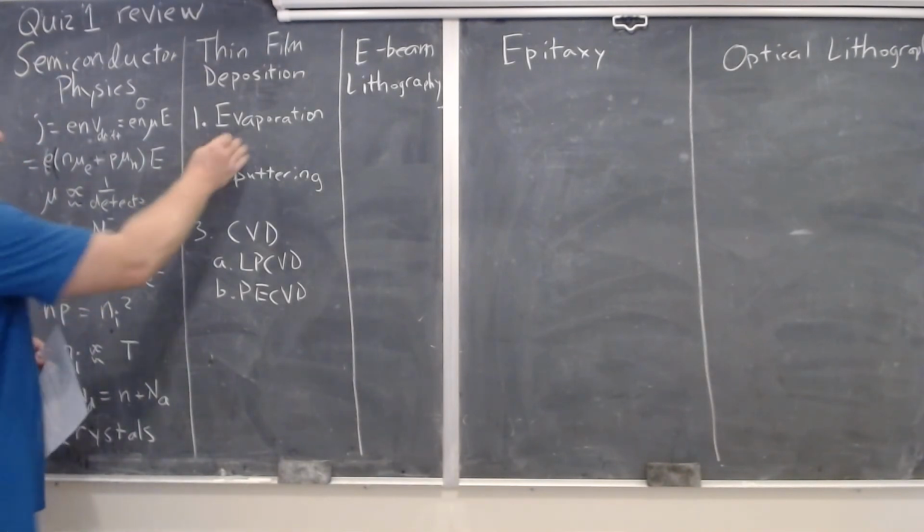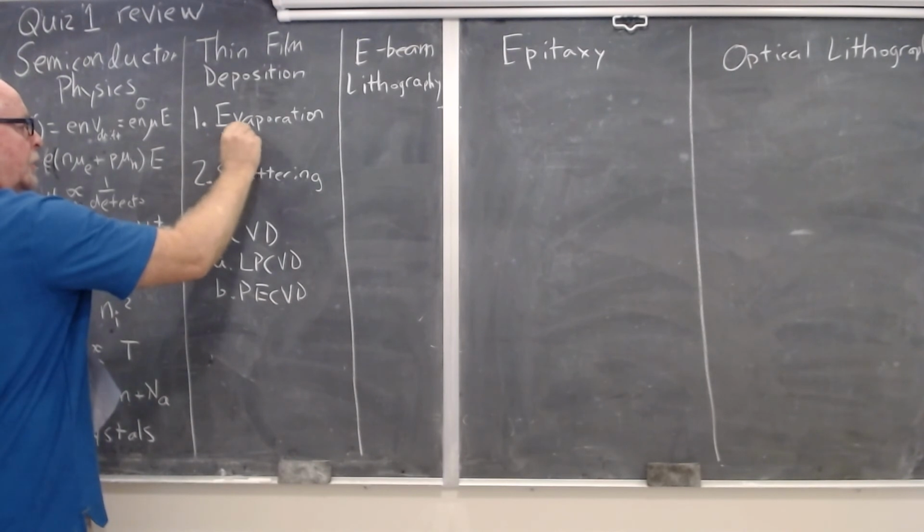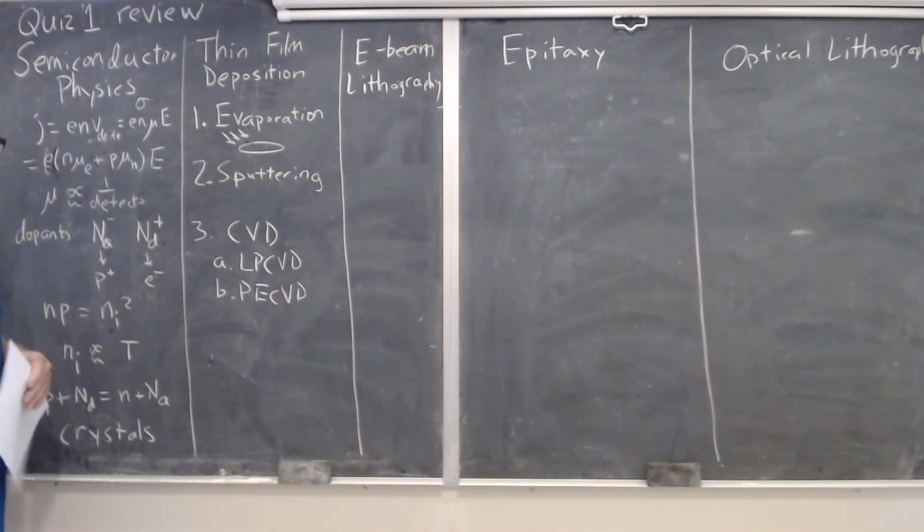And this basically is just throwing atoms down onto a substrate. That's the way to think about it. The atoms come down, they stick however they stick, and that's it. There's not much more to it.